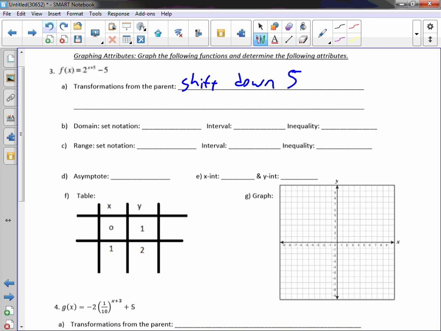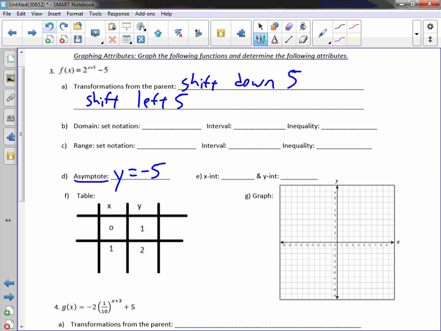We know x is lie, so it's a shift left 5. When it comes to exponentials, our asymptote is always our up or down shift. So in this case, it'll be y equals -5. And when x is in the exponent, it's always a y equals transformation.